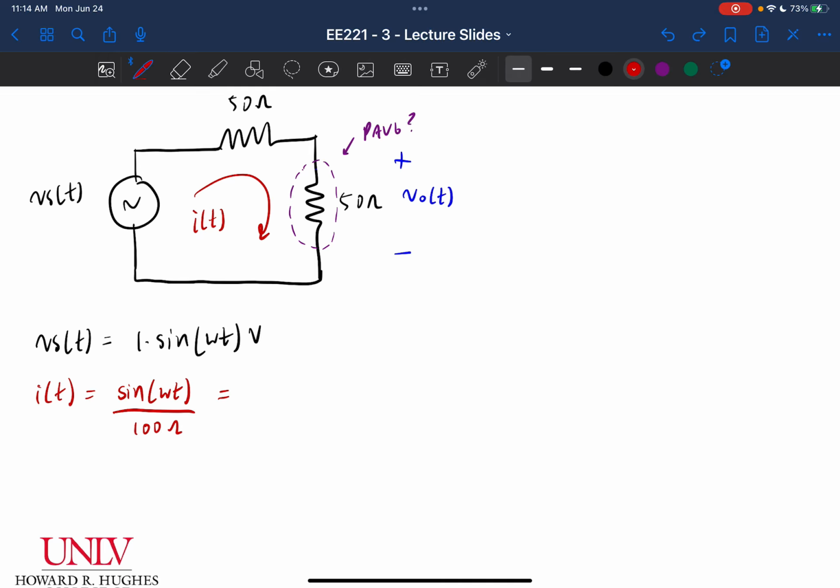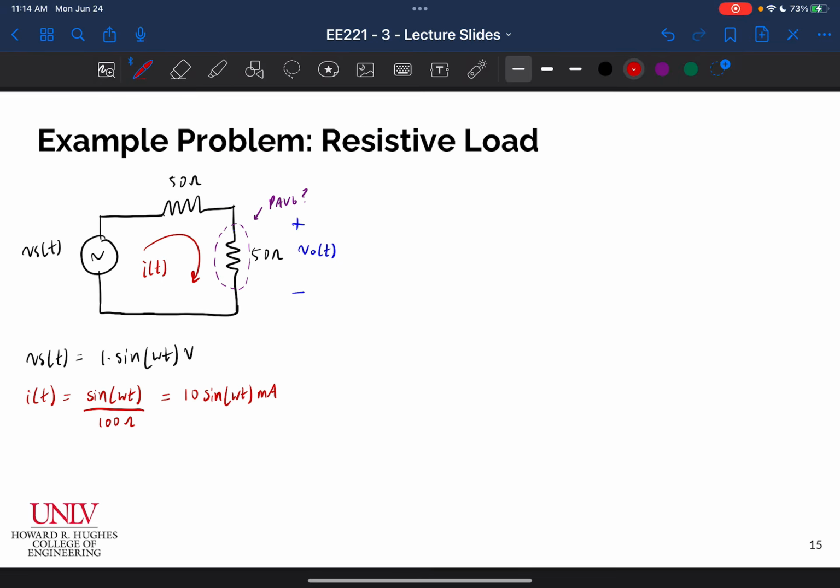Let's do 10 milliamps, times sine of omega t milliamps. Okay, so that would be the case, right? 1 divided by 100 definitely gives me 10 milliamps. Yes. Okay. Sorry.